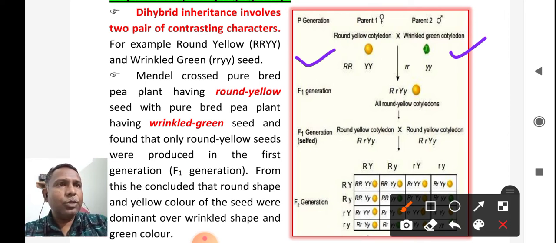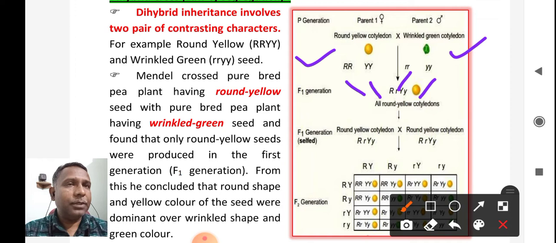These are the gametes. When the cross is done, one R from here, Y from here, again R from here, Y from here.